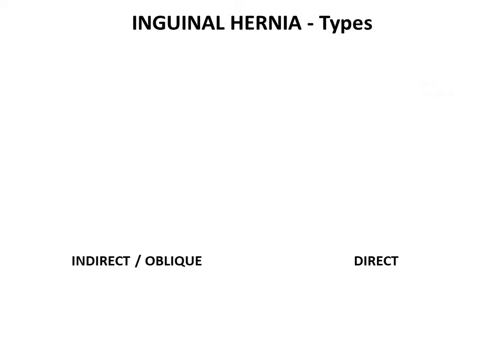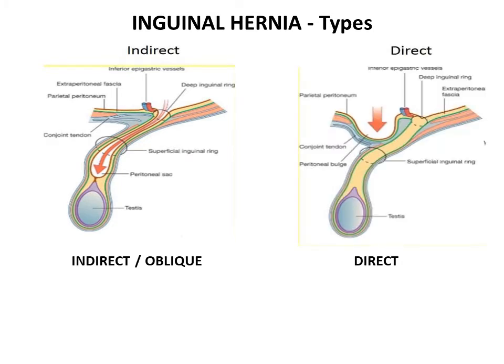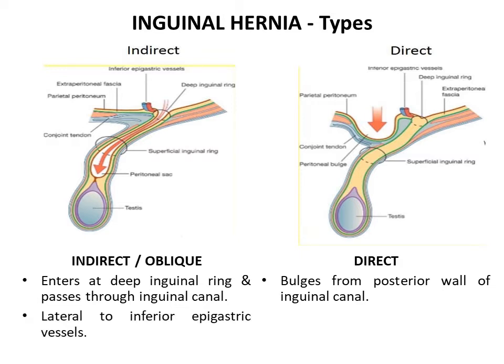The inguinal hernia is mainly of two types, indirect and direct. The indirect inguinal hernia is also known as the oblique inguinal hernia. The protrusion of the hernia takes place through the deep inguinal ring and then it passes through the inguinal canal. Whereas in case of a direct inguinal hernia, the protrusion is from the posterior wall of the inguinal canal.